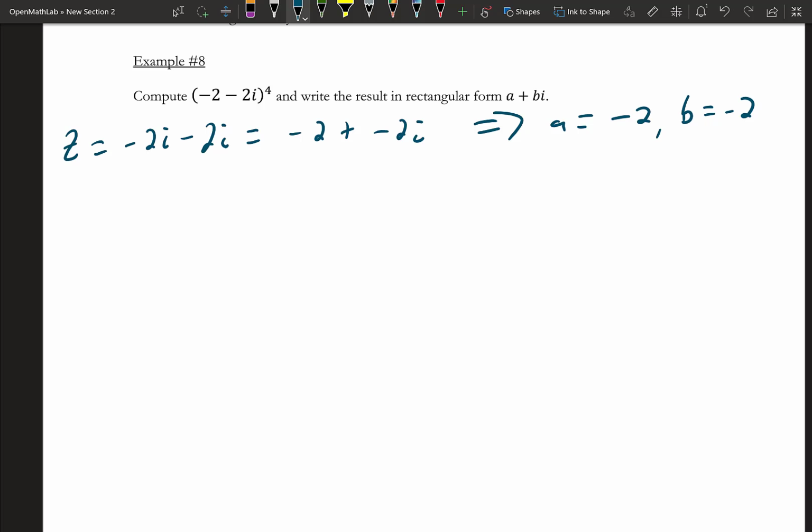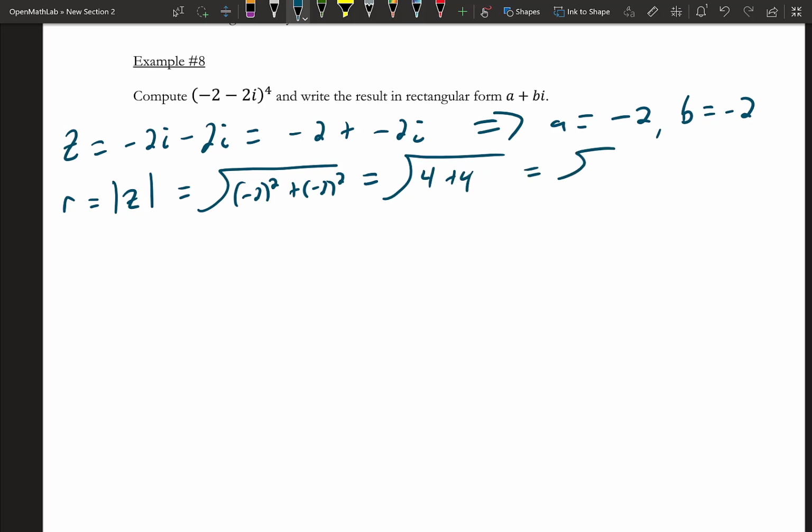So r is going to be equal to the modulus of z, which equals the square root of negative 2 squared plus negative 2 squared, which equals the square root of 4 plus 4, which equals the square root of 8. That will actually simplify, because I could rewrite it as 2 radical 2, but I'm going to leave it as radical 8 for now, and it'll be a little easier to work with.